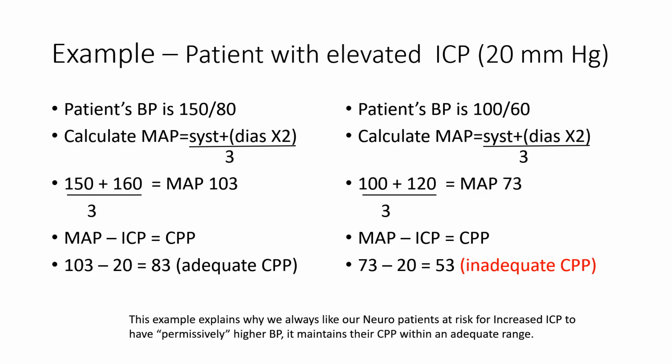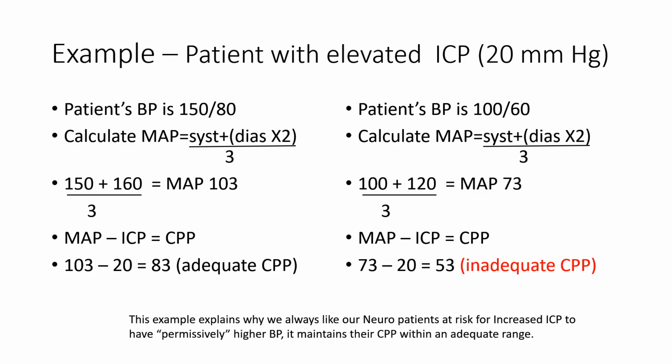So if this patient has an ICP of 20 and his blood pressure is 140/80, I'm going to calculate a mean arterial pressure of 103. I'm then going to subtract the ICP from the MAP and obtain a cerebral perfusion pressure. In the first case on the left, we get a cerebral perfusion pressure of 83, and we know that this is adequate.